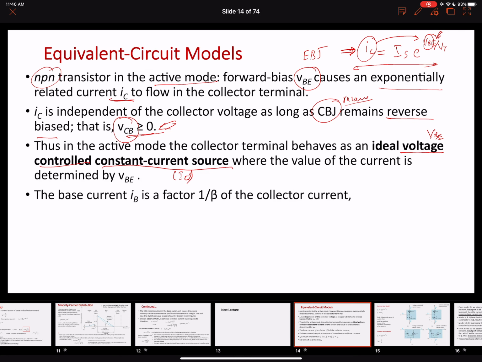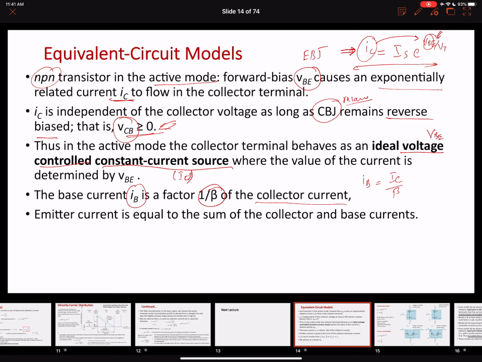We also saw that the base current is a factor of 1 over beta of the collector current, so our base current is collector current over beta. We also saw that emitter current is the sum of the collector and the base current.